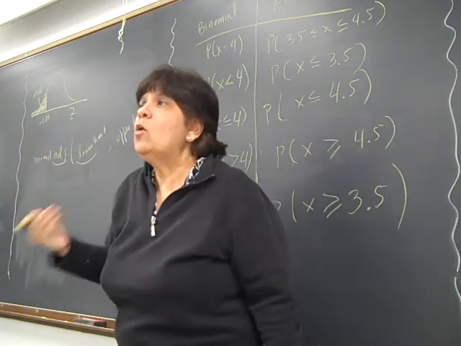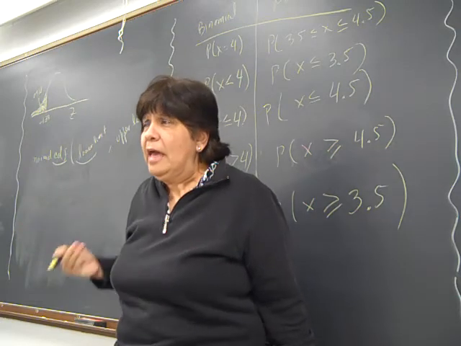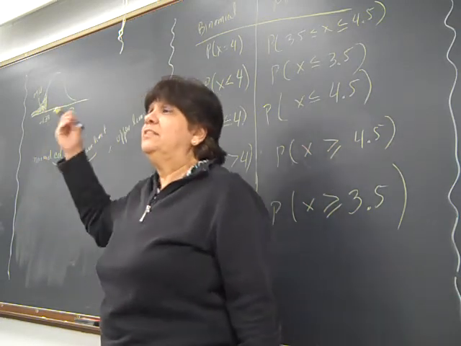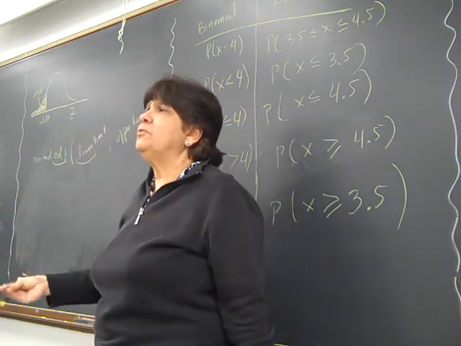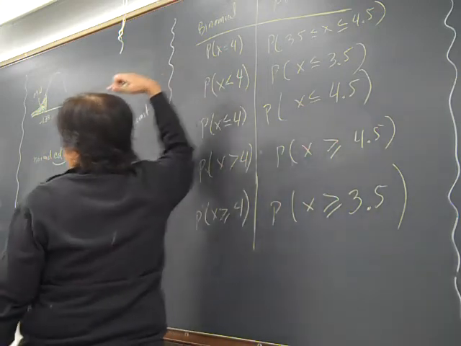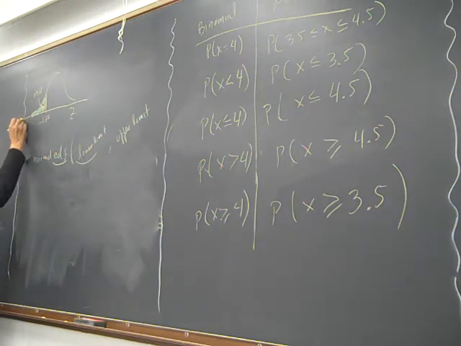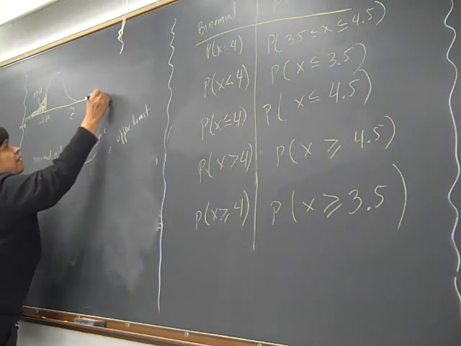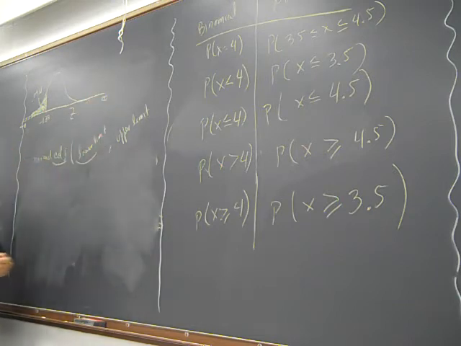What is the lower limit? The standard normal distribution, or any normal distribution, goes from negative infinity to positive infinity.